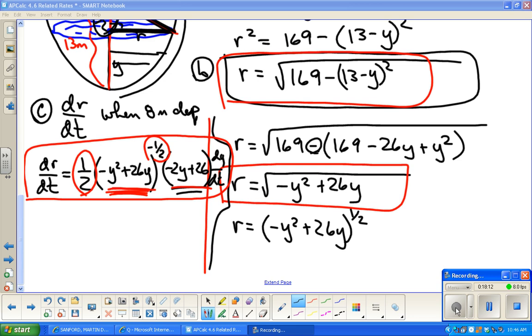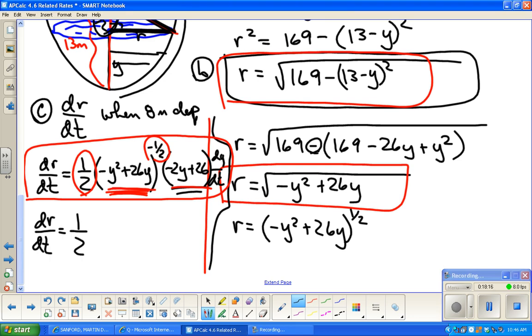So dr dt equals 1/2 times negative y squared. Well, y is 8, so negative 8 squared. Note that the 8 is squared, not the negative. Plus 26 times 8. I think I need more room.